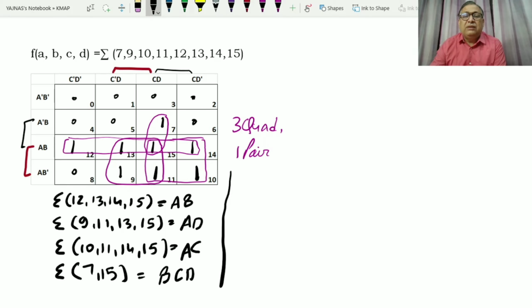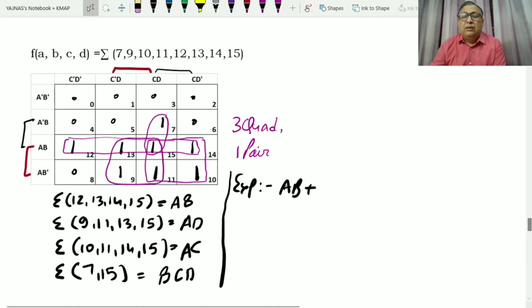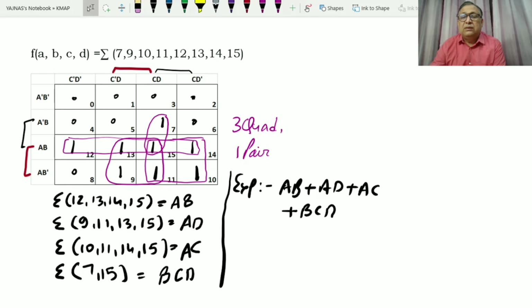So the expression will be AB plus AD plus AC plus BCD. This will be the answer.